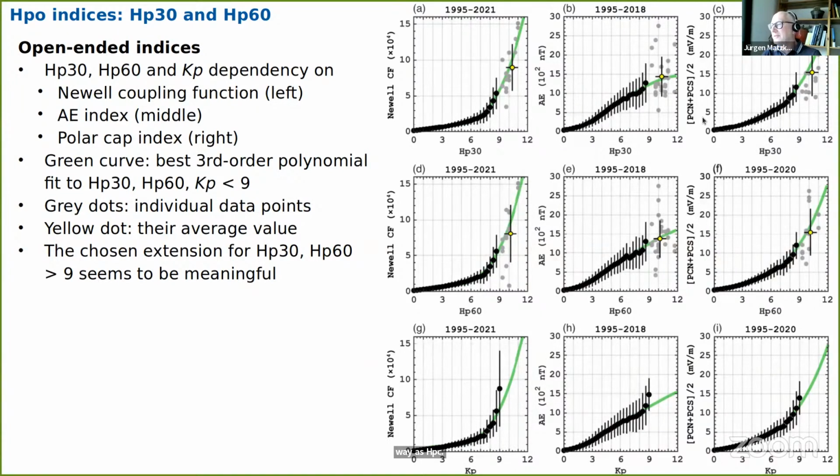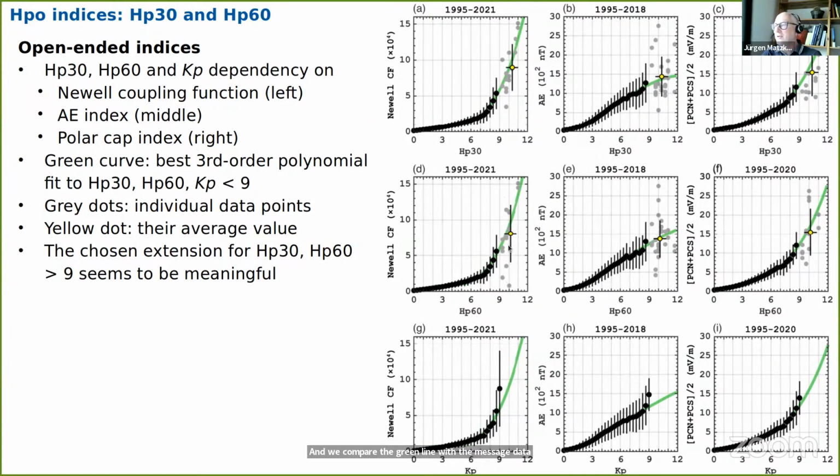Each in its different dependency, but for all our indices in the same way. And then we have the green curve. This is a third order polynomial fit to the index values from 0 to 9 minus, and then extrapolated to higher values. And we compare this green line with the measured data points in our new indices, which are the gray dots.